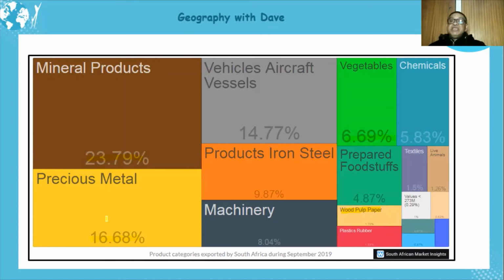Imagine us selling iron and steel to Japan, R1 million worth, and they sell us cars back made from the same iron and steel for 25 million. We only sold R1 million worth of iron and steel. They sold us 25 million rand worth of cars made from the iron and steel.